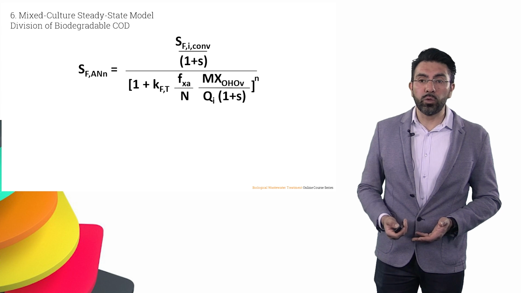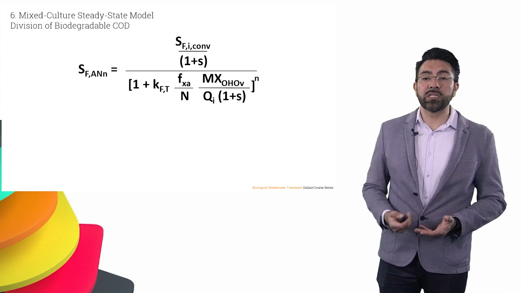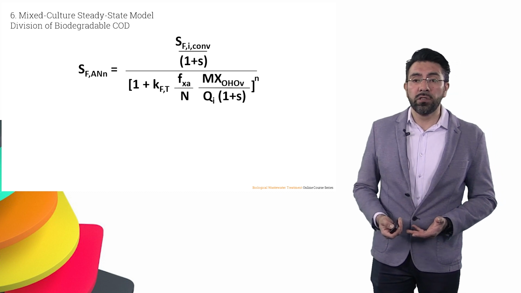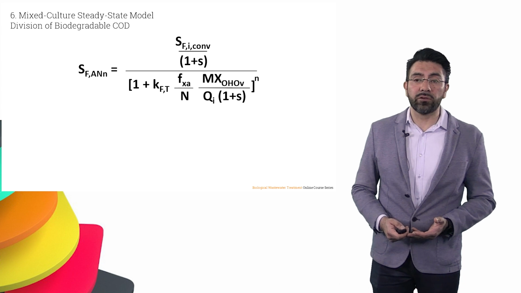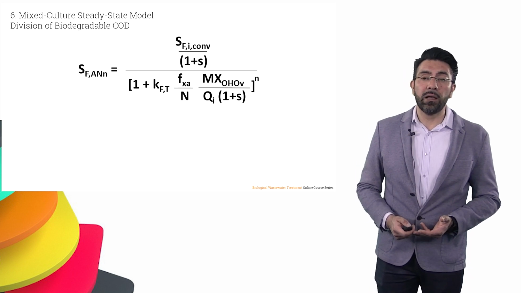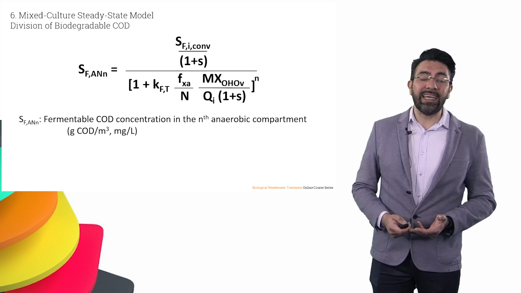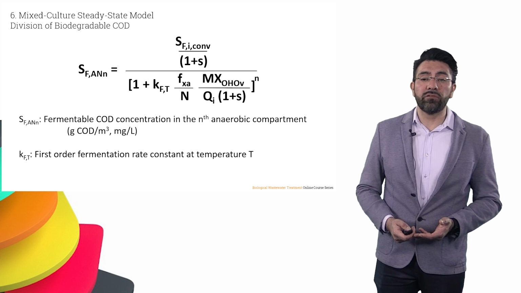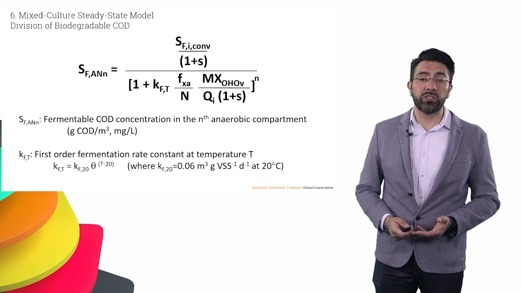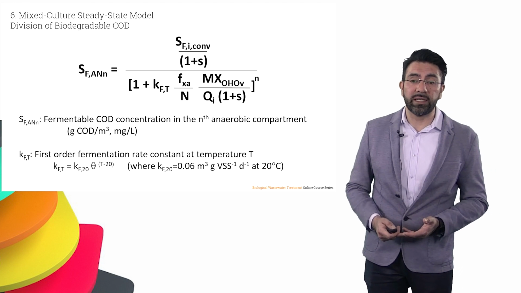For this purpose, we use this equation in which we have the amount of fermentable COD that can be subject to conversion divided by 1 plus S, where S is the sludge recycle ratio, divided by this term, in which we have 1 plus the fermentation rate, that is the first order fermentation rate constant at a temperature T. It has a value of approximately 0.06 at 20 degrees Celsius.